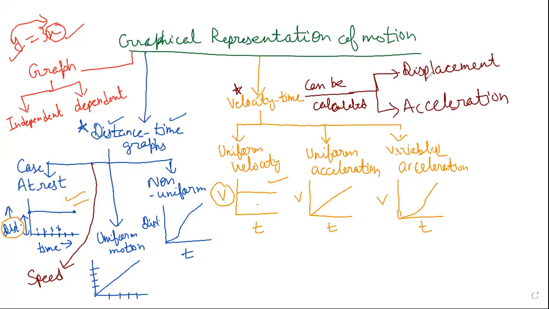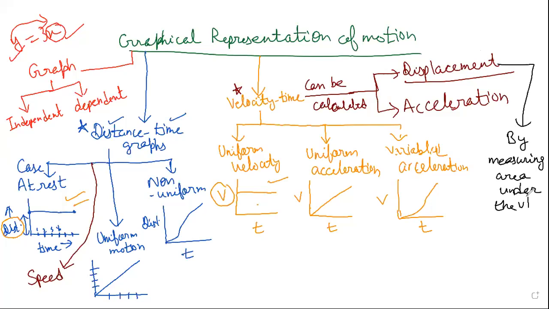How can we calculate displacement? Displacement can be calculated by measuring the area under the graph. By measuring the area under the VT, velocity time graph.